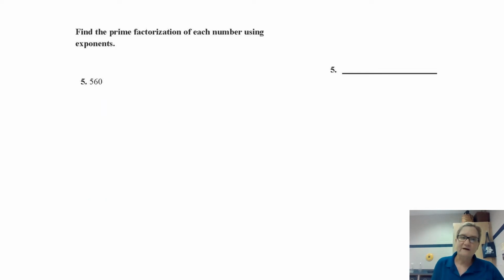Question number 5, same thing. Find the prime factorization of each number using exponents. So we have 560, and again, you might have a different tree, but your final answer should be the same as my final answer.